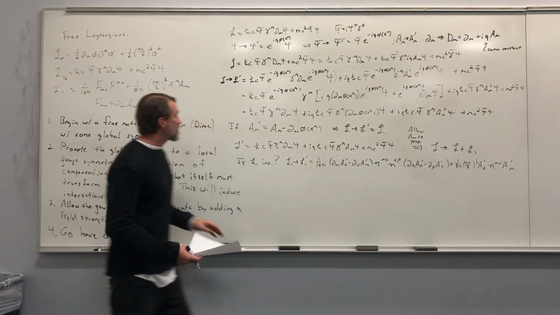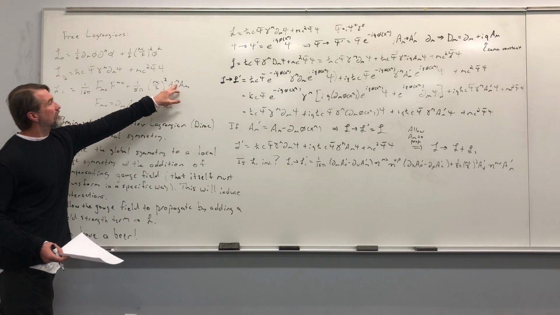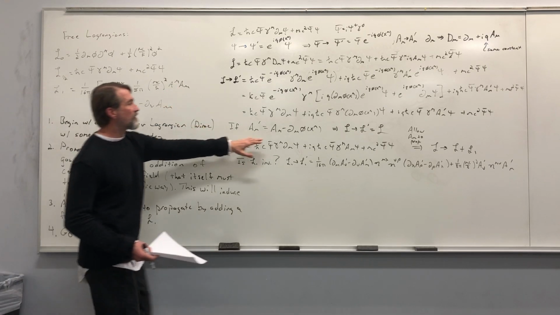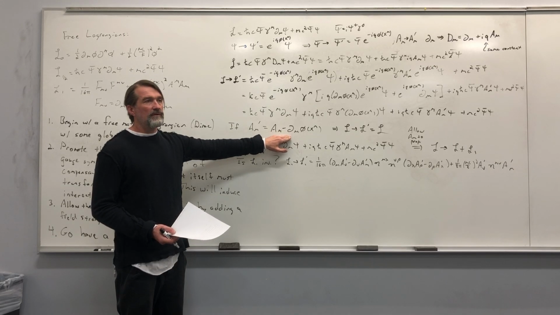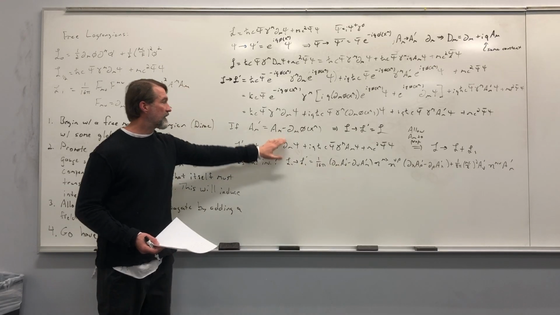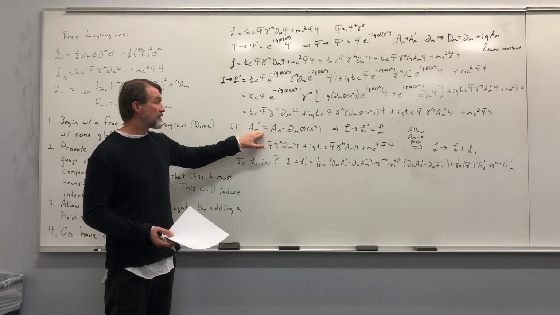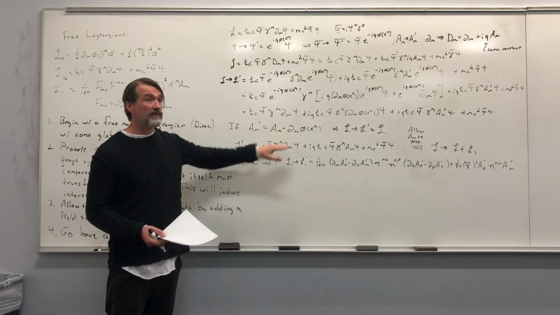Again, the only reason I'm lowering this to a lower one is because I've already figured out how the lower term should transform. So now I've got nothing but lower terms, and so I can just use this transformation rule, replacing A prime everywhere it appears by this.